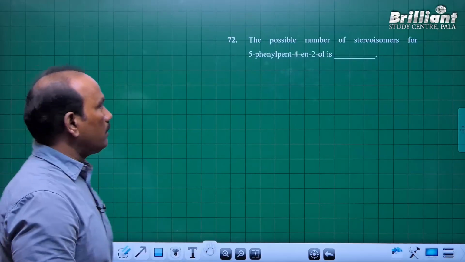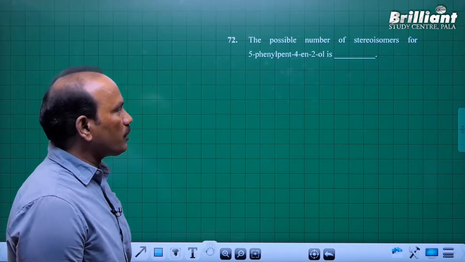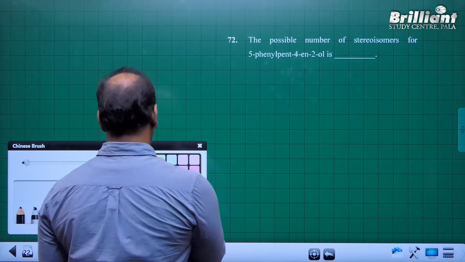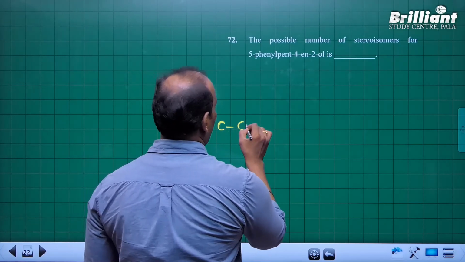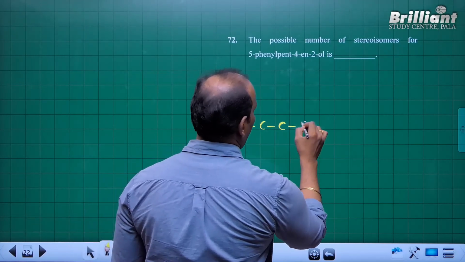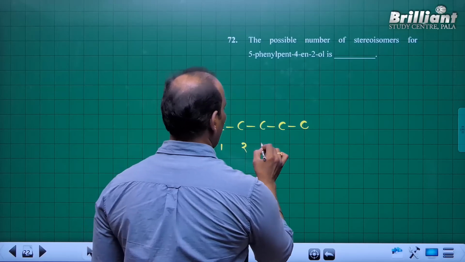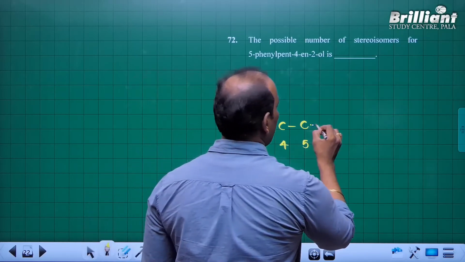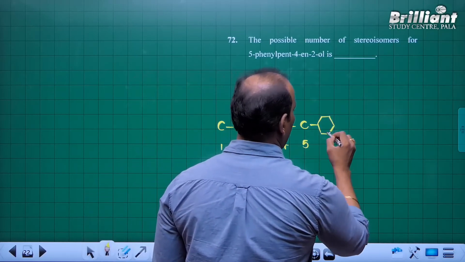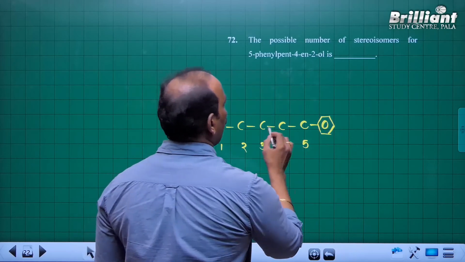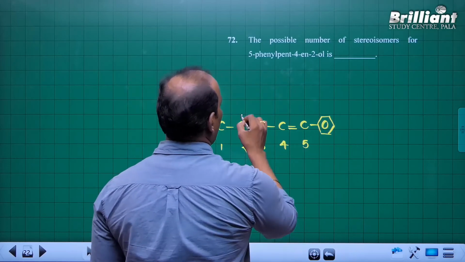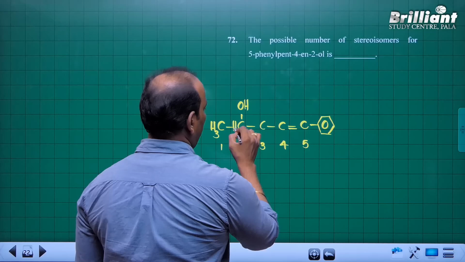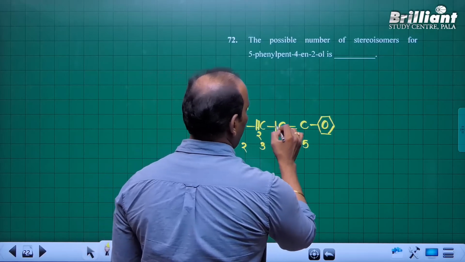It's okay. Next, question number 72. The possible number of stereoisomers for 5-phenylpent-4-en-1-ol. Here CH3, hydrogen, this is H2, here hydrogen.